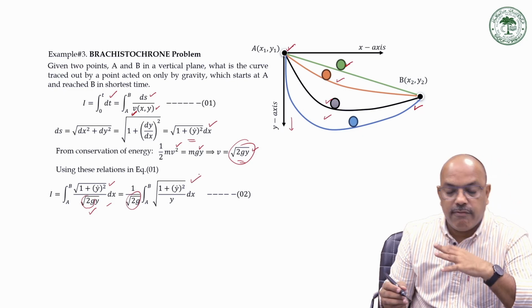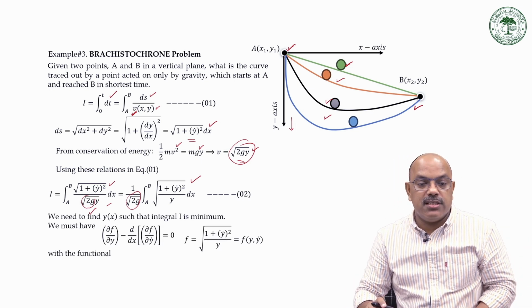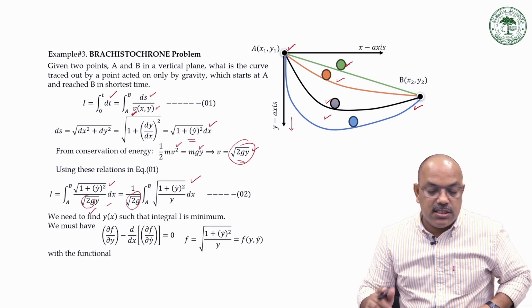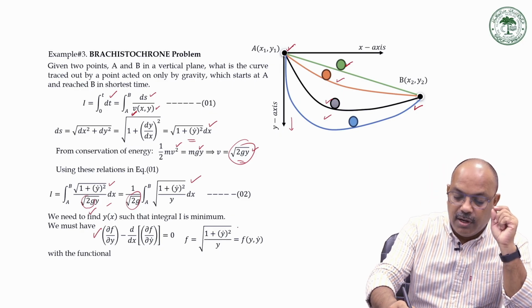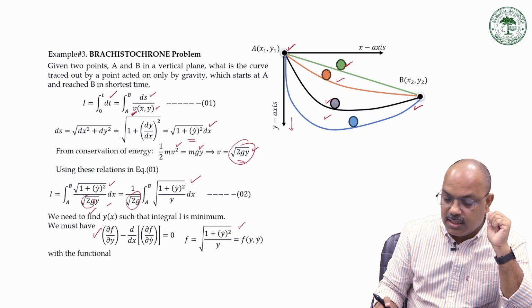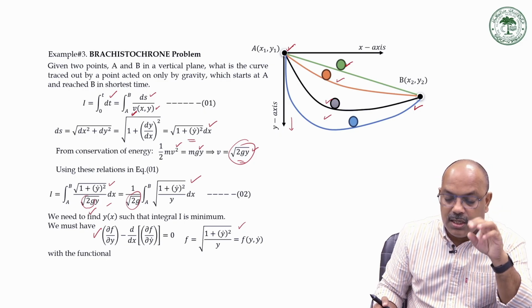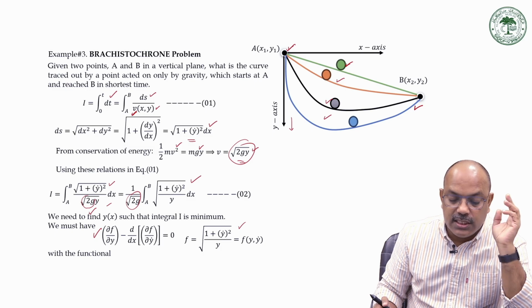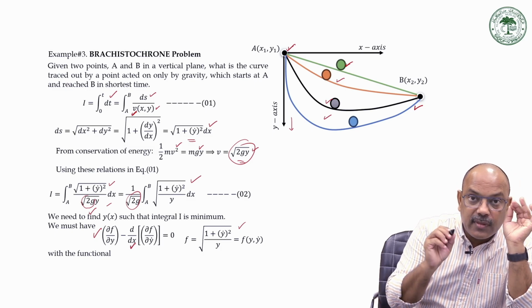Now this is my function. I want to minimize this. Okay, so for minimizing, this function has to follow the Lagrange equation, and my function is f of y and y dot. So now this function is only depending upon y, it is not depending upon x, over which I am going to differentiate.